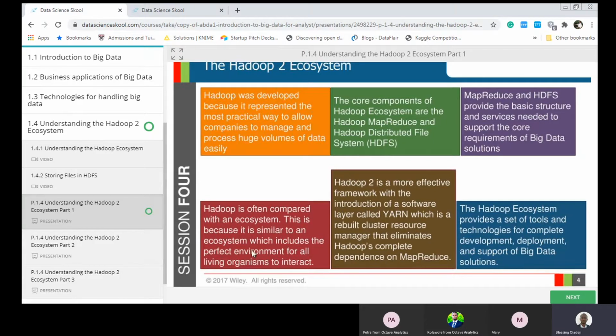Here they said that the components of Hadoop are called the Hadoop ecosystem, and when you look at living things, it's trying to mimic how living things interact. That's why I gave that example of a wedding. If you go to a wedding, at the car park, you will have security men that tell you where to park. At the entrance, there are bouncers checking if you have an invitation card.